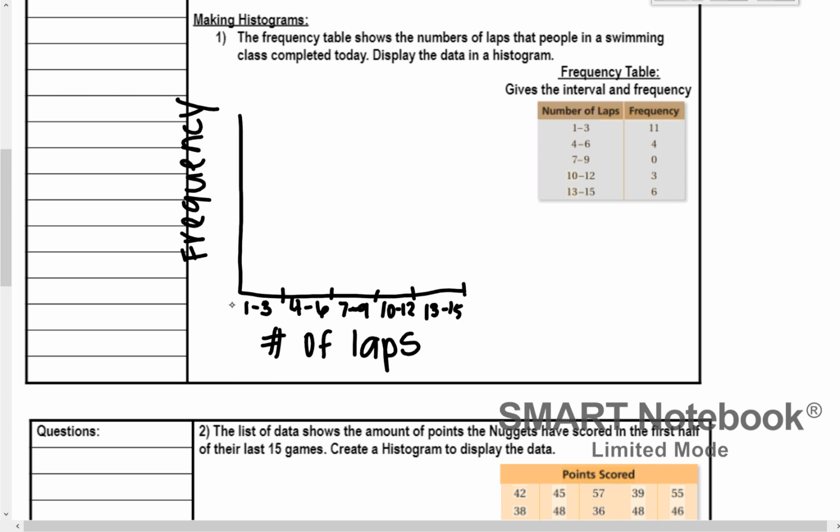Our frequency, smallest number is 0, biggest number is 11. So we're not going to count by ones all the way up to 11. I would say maybe let's count by twos. Okay, so my first tick mark will be 2, 4, 6, 8, 10, 12.